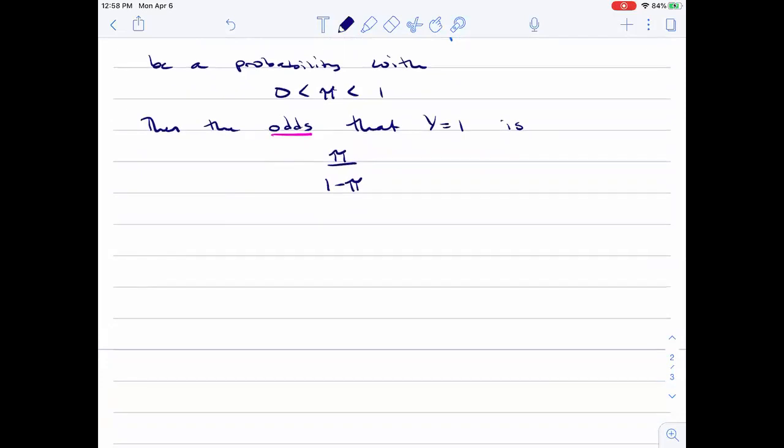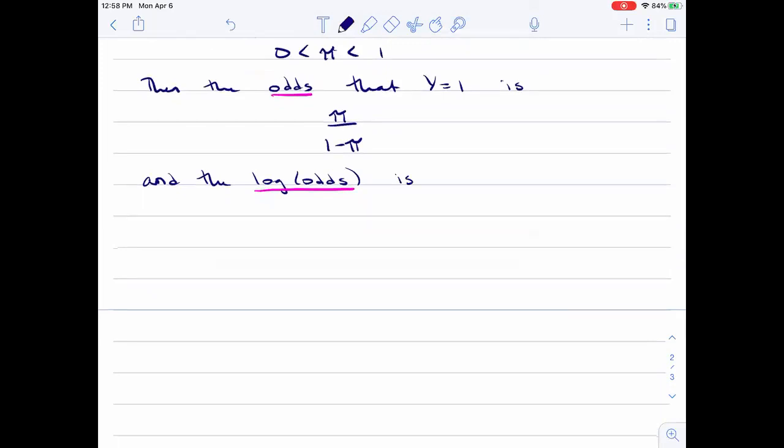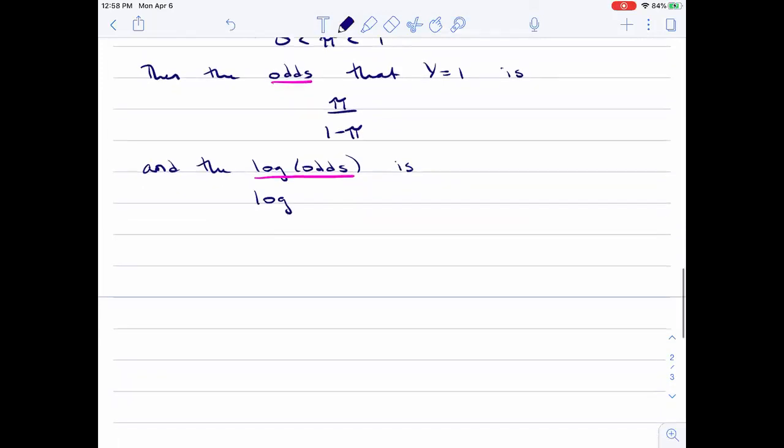So the odds that y equals 1 is pi over 1 minus pi, and the log odds, which we just write as a function, is the log of pi over 1 minus pi.